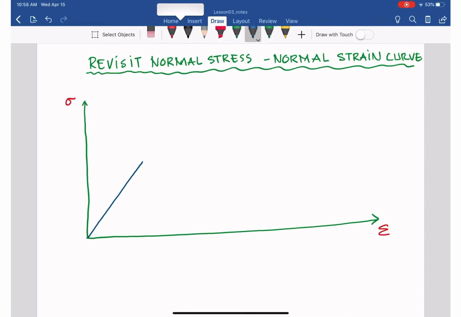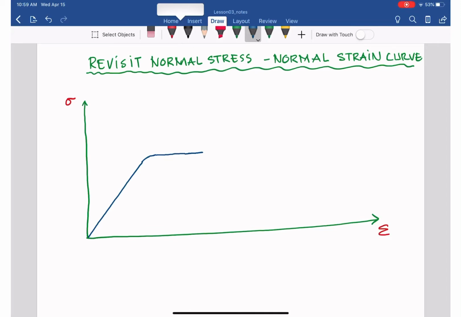Originally it goes proportionally, in a linear fashion, and then it starts to curve, and that's still elastic. Then, without increasing the load, the material starts yielding. So you can see there is no load change, the material still yields, and the normal strain keeps increasing.